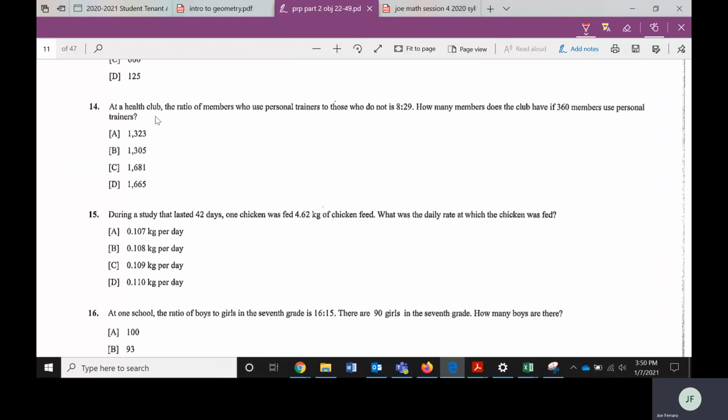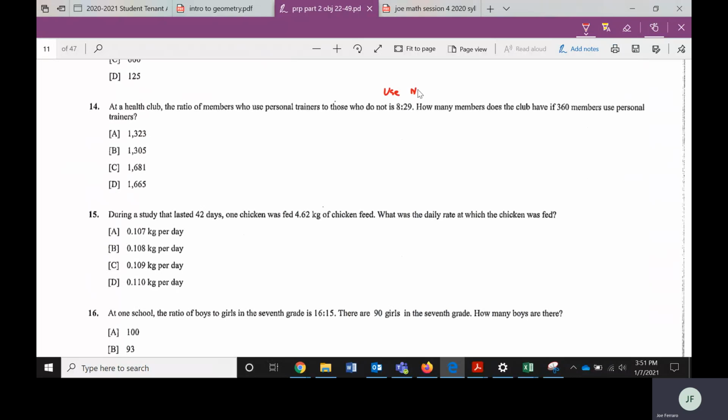So it says at a health club, the ratio of members who use personal trainers to those who do not is 8 to 29. So 8 is how many use personal trainers.